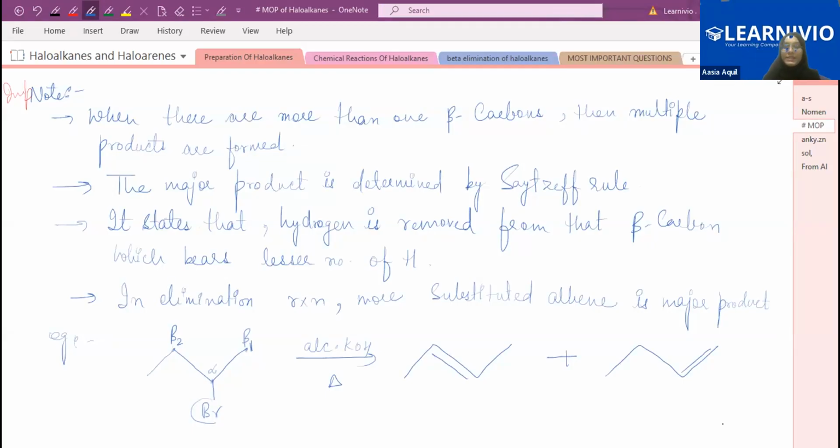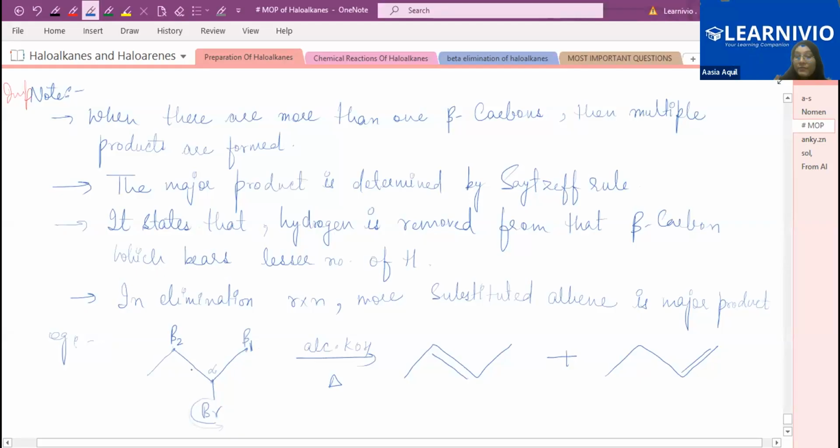Yeah. So see what I said to you, Saytzeff rule. Just remember this rule. This is very important. Suppose we have two beta carbon positions, right? So we know that we have to remove the halogen group from the alpha position, right? But हम beta position से which beta position को हम prefer करेंगे, right?